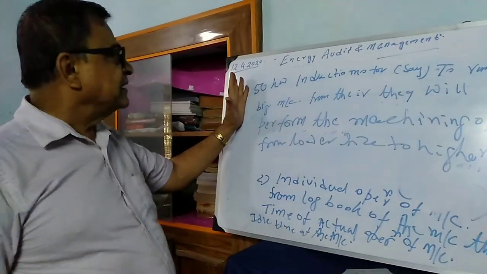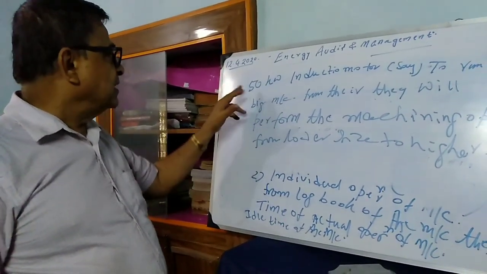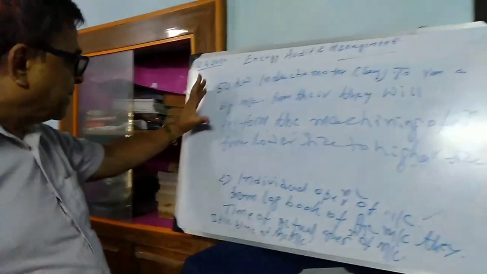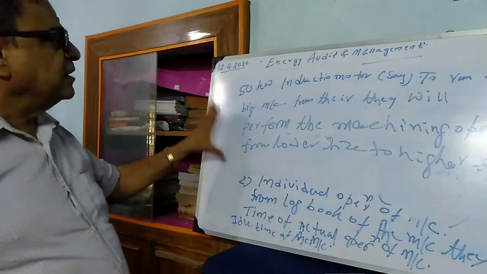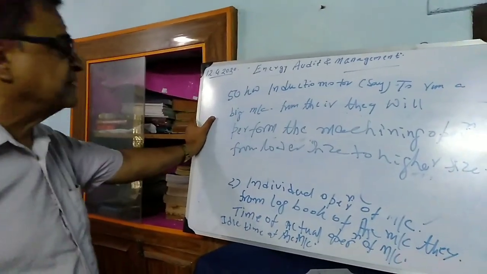Now they will first separate out the small operation jobs, because this 50 kilowatt motor is made only for big size operation jobs.